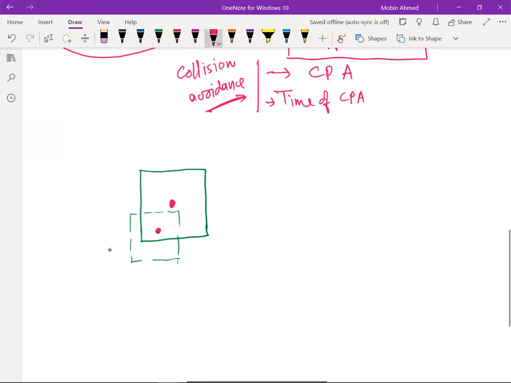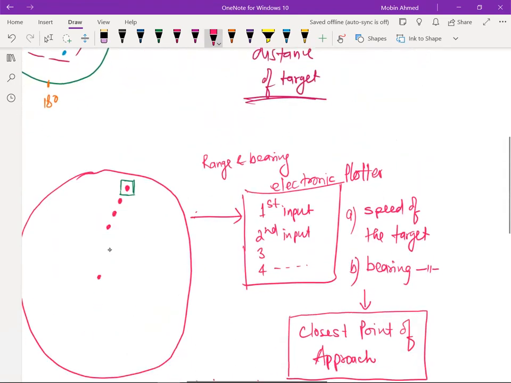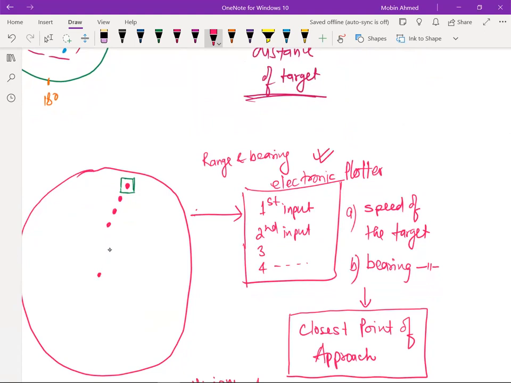If the window is continuously shifting along with the target, it automatically gives the input to the electronic plotter.